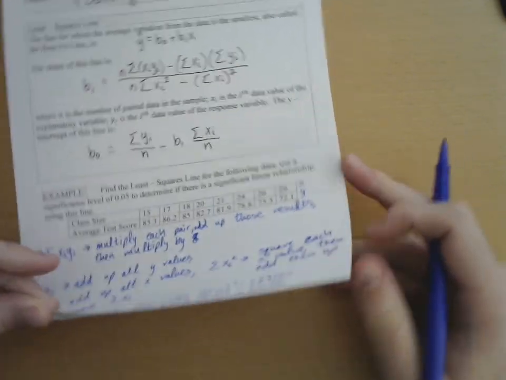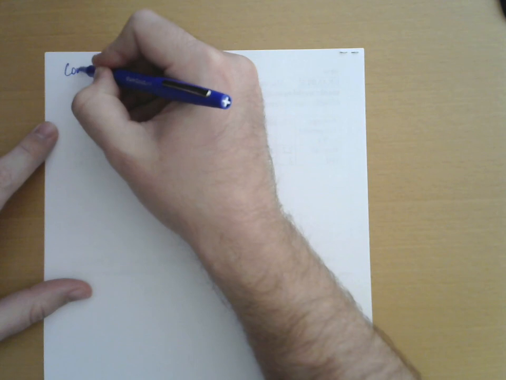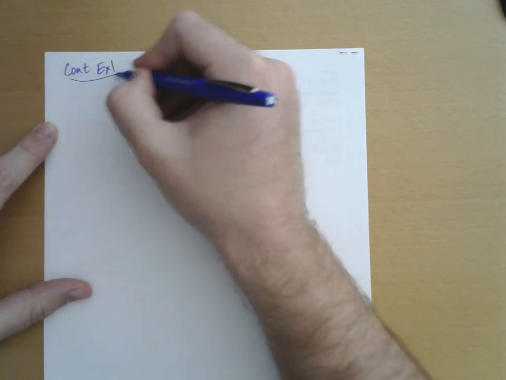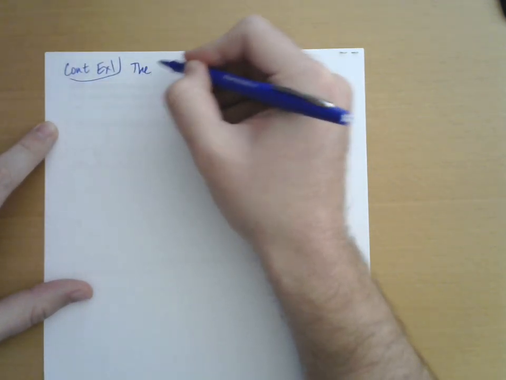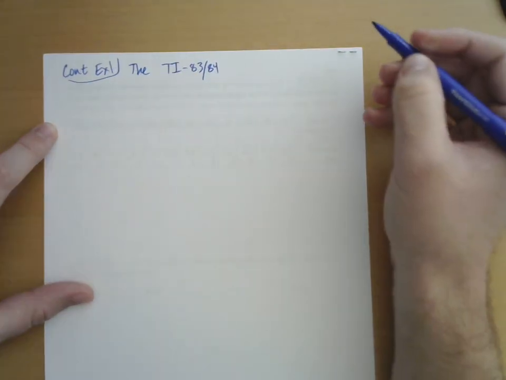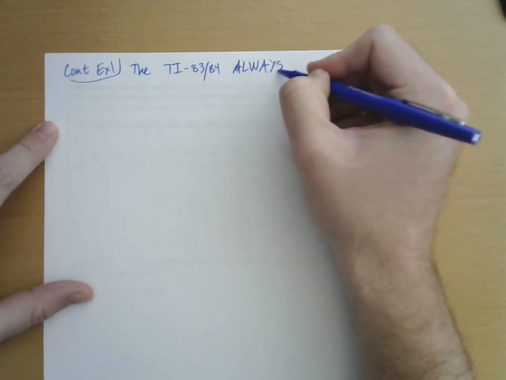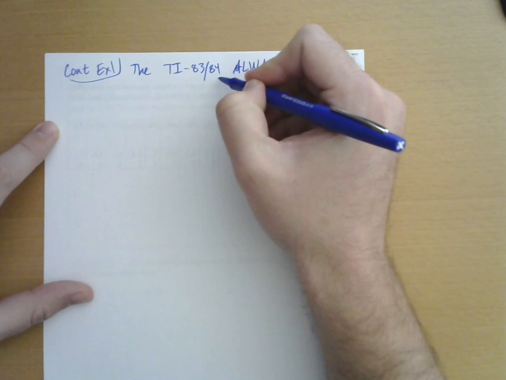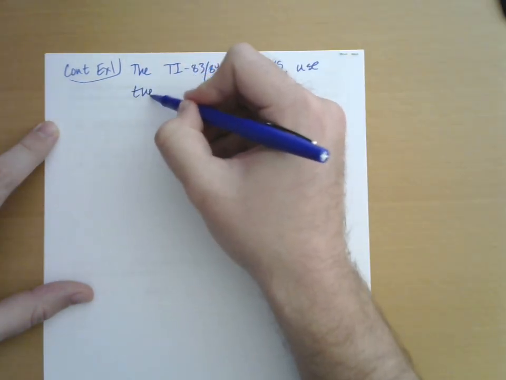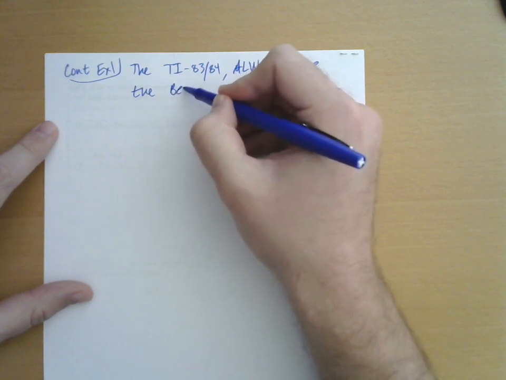We're going to flip to the back here where there's a little bit more space, because this is continuing example 1. The TI-84s and 83s, luckily enough, always use the best fit line, or the least squares linear regression line, as their linear regression.